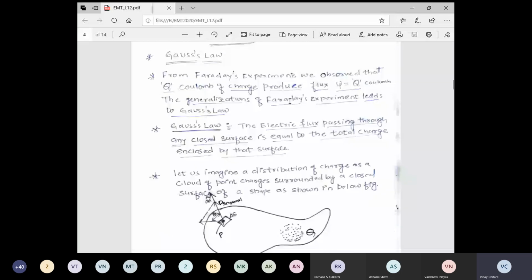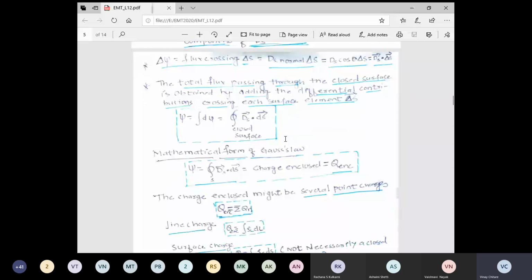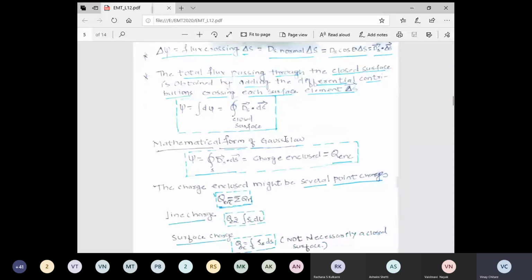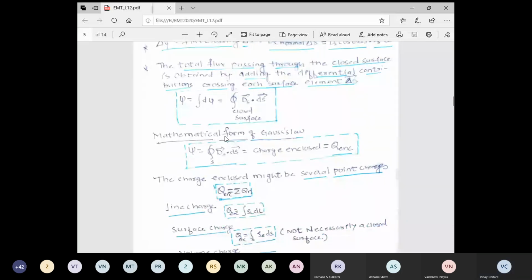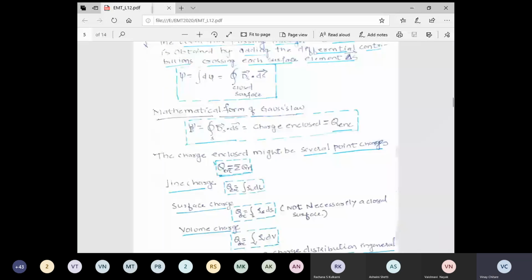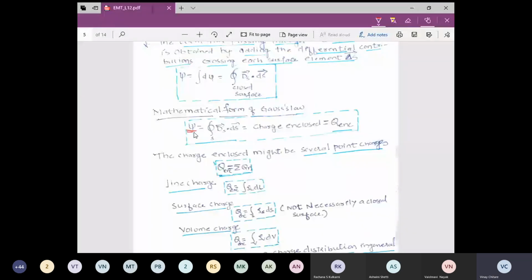So we have a mathematical expression which says that the total electric flux leaving the closed surface is given by a surface integral of D dot dS, and the total flux leaving the closed surface will be equal to the charge enclosed by that closed surface. So this is the mathematical expression for Gauss's law.